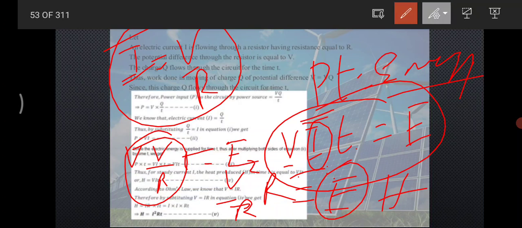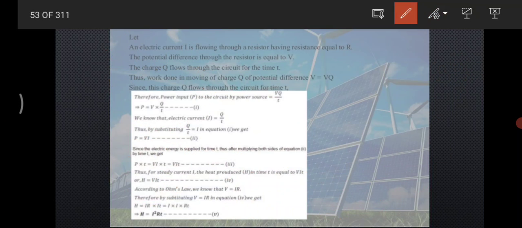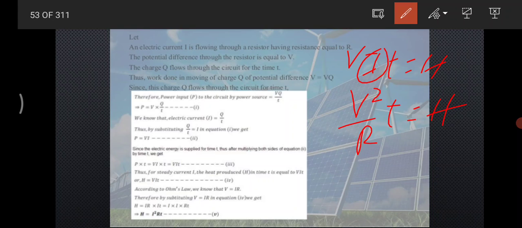Now, just as we have taken VIT equal to heat energy, and instead of I we kept V by R, that became V square by R into T. It is also a formula of heat.